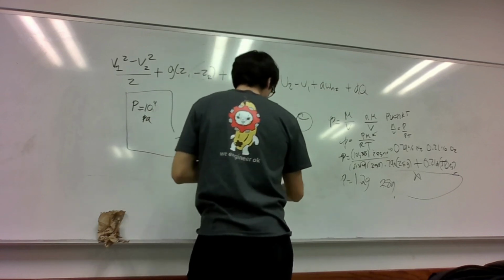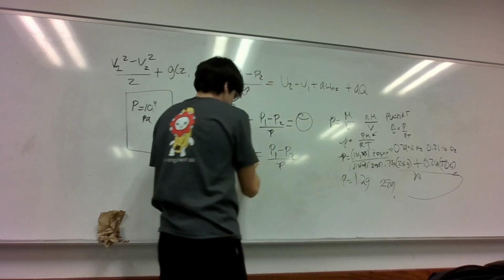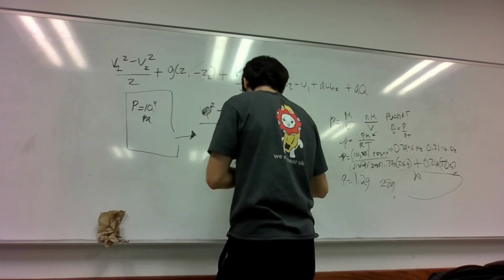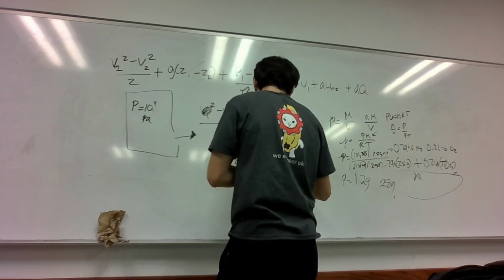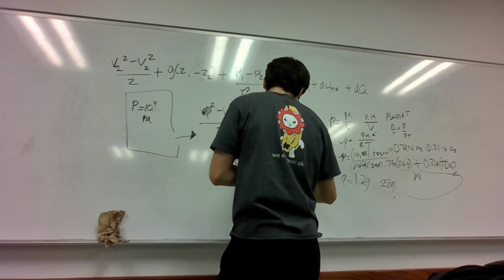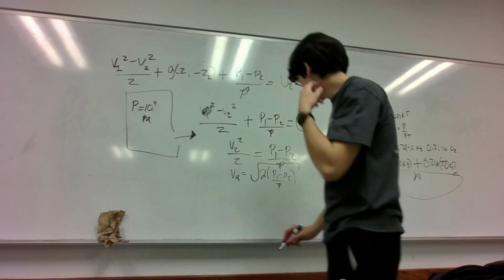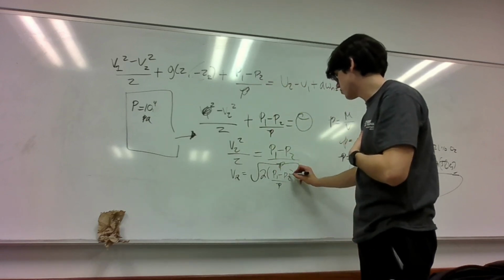So now we have it all, and then we can solve for V2. So V2 will be equal to the square root of 2 times P1 minus P2 over density.